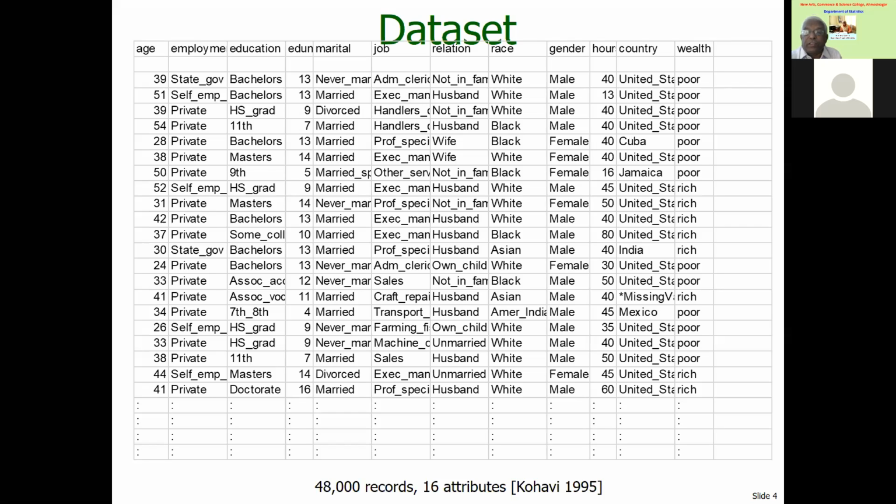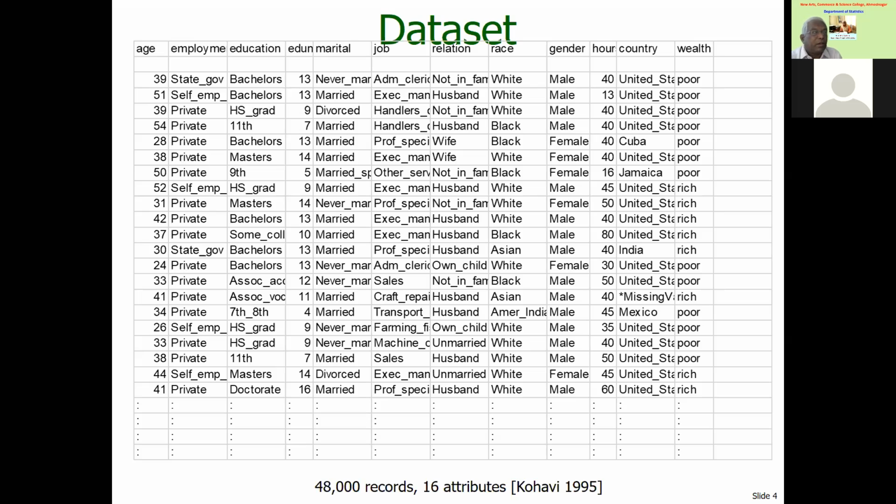Now, if you read these attributes, these features, you will come to know that employment type, education period, marital status, job, relation, race, gender, hours worked in a week, and country.